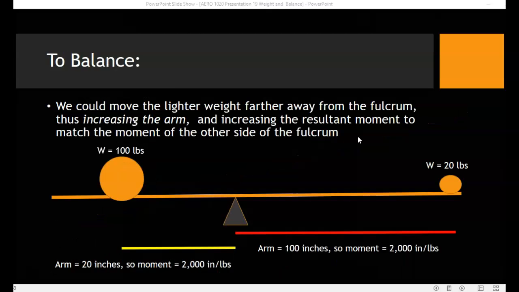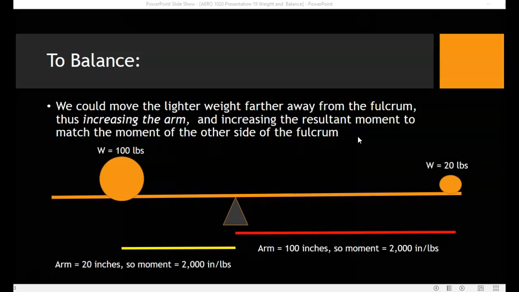So how can we balance the seesaw without changing the weights? Well, we can move the lighter weight further away from the balancing point or from the fulcrum. If we move the 20-pound weight 100 inches from the fulcrum, we're increasing the arm. And remember, arm times weight equals moment. So 100 inches times the 20 pounds equals 2,000 inch-pounds of force.